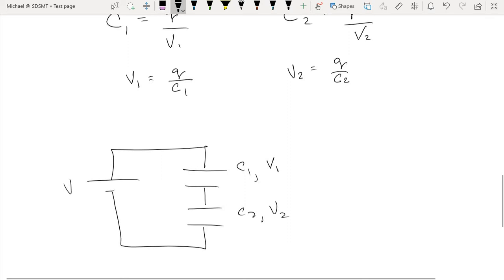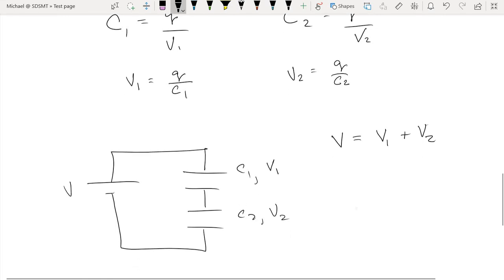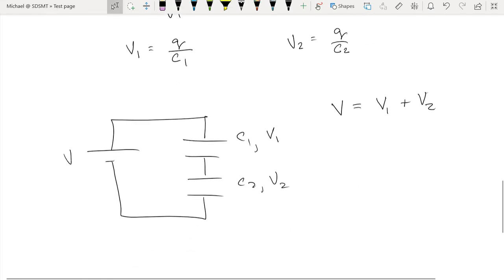There is a potential difference across capacitor 2. They both have the same charge, but we can now see that the potential difference across the battery has to be accounted for with the combination of the potentials that we get passing over each capacitor.